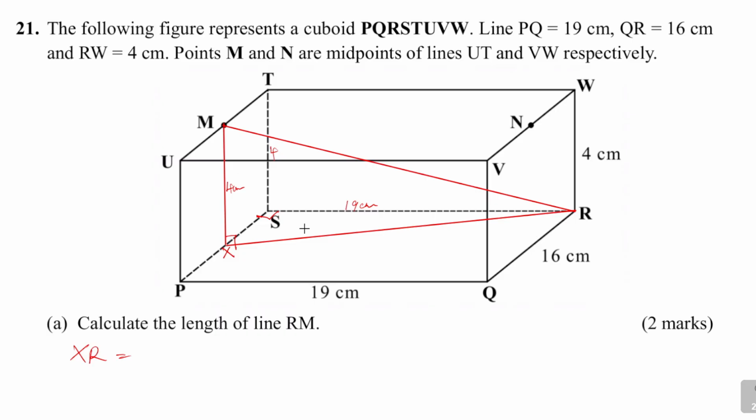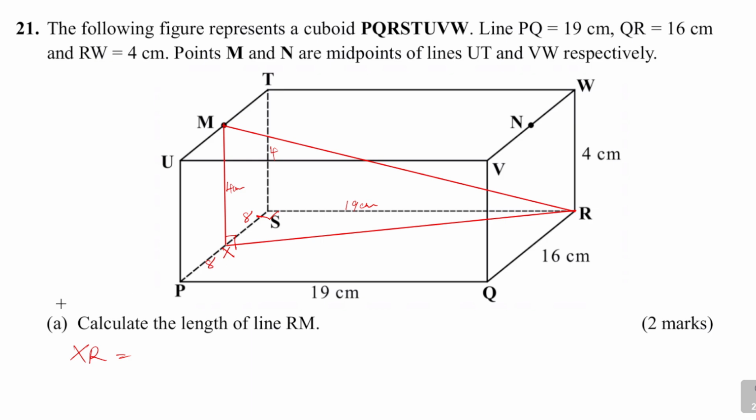SR is equivalent to PQ, and since M is the midpoint, X will also be the midpoint, because we just drop straight downwards here. So X will also be the midpoint of PS, and PS is equivalent to QR, which is 16. So if X is the midpoint, this will be 8 and this will be 8.